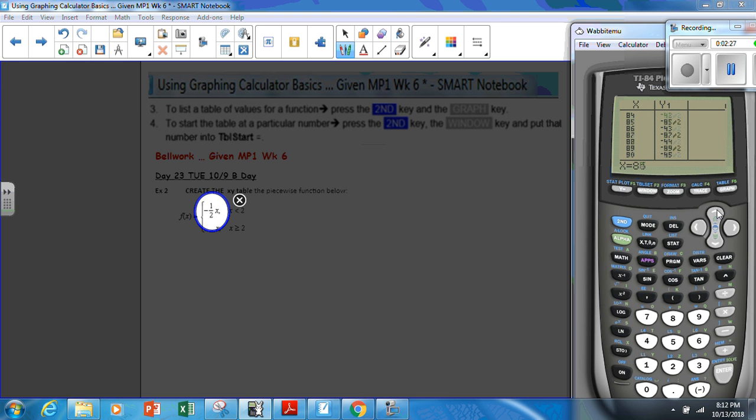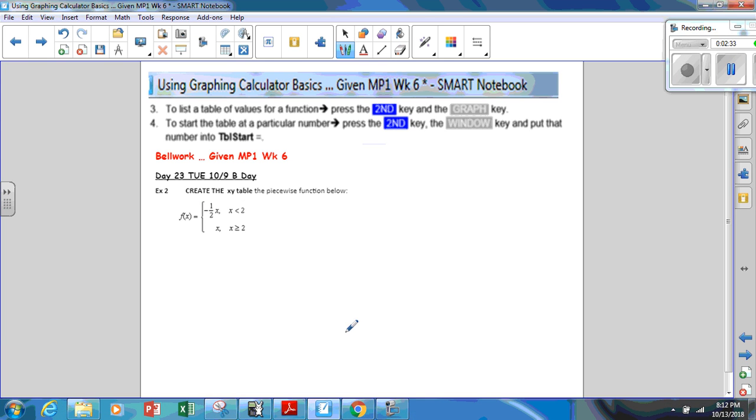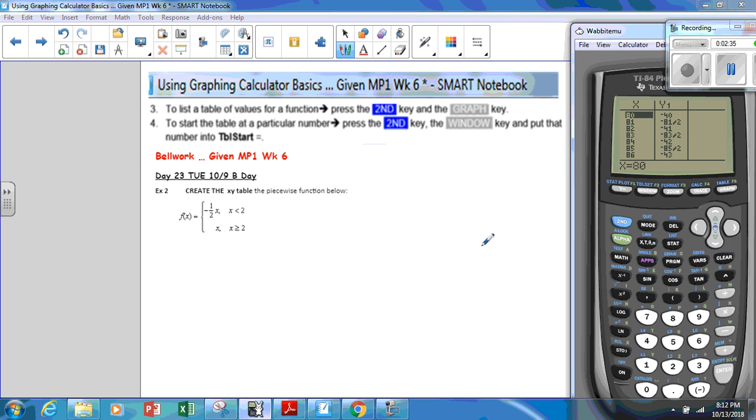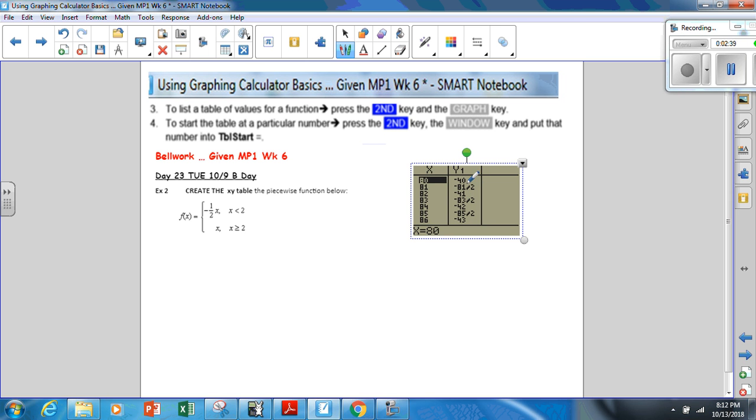Now, my next technique is this. To start the table at a particular number, press second and then the window and then put that number into the start table. So I'm at 80 right here. All right. What if I wanted to know what 20 would be?